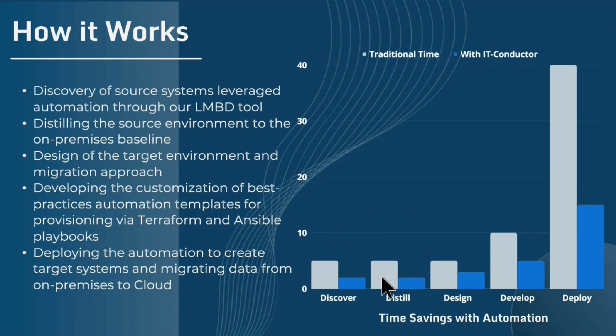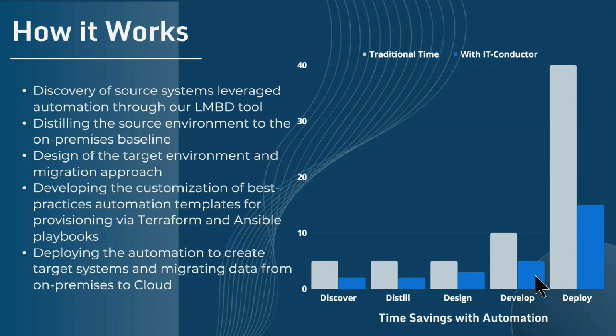So we break it down to the distill phase where we do a really deep dive on each system, understanding their nature, their baseline, so that we can match and build a target system that performs as well as, and has resiliency equal to or better than, the source system. Once the design of the environment is matched to the target cloud, we develop the templates that will deploy those, and then we deploy that.